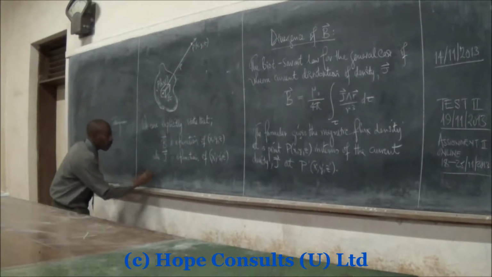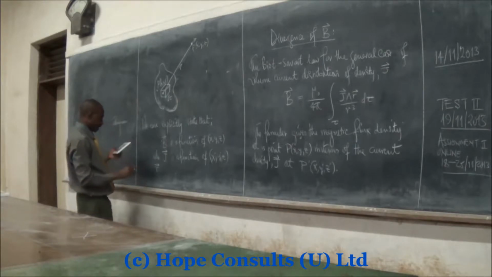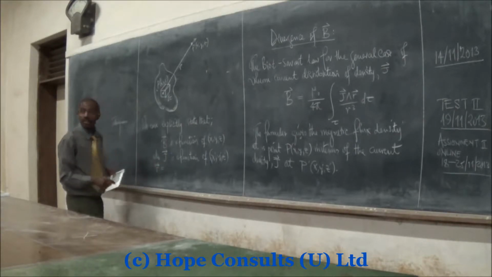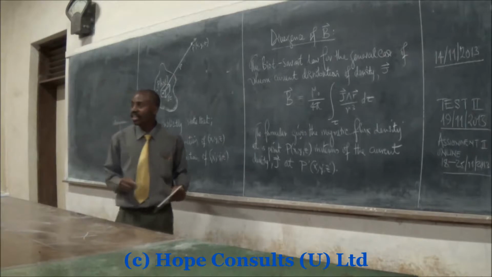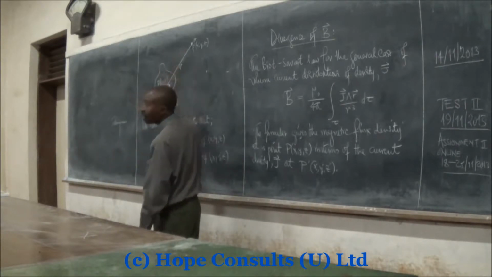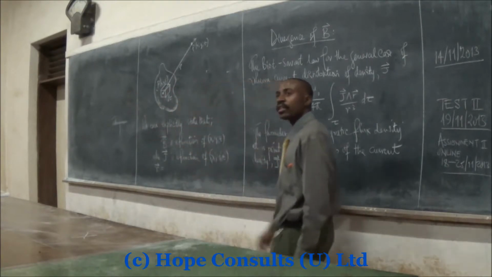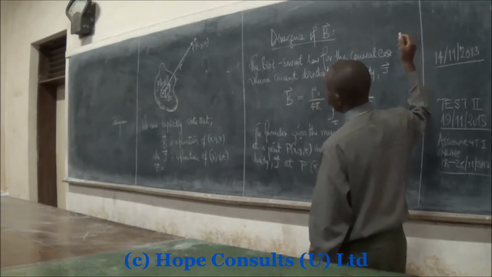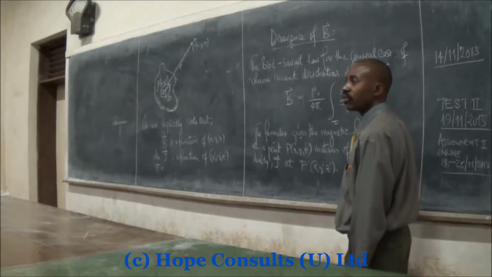So if we took R to be the position vector, who can guess? Between these two points, P and P prime, how do you get the position vector?